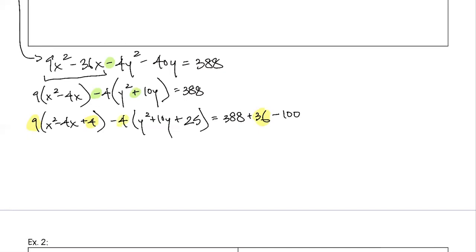And similarly, negative 4 and 25 make that negative 100 on the other side. And so let's write this as a perfect square. 9 times x minus 2 squared minus 4 times y plus 5 squared equals 388 plus 36 minus 100, which gives me 324.